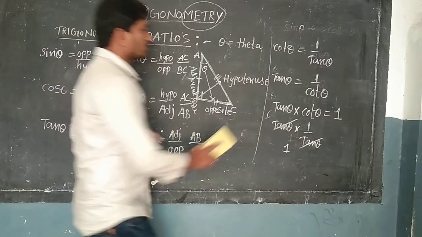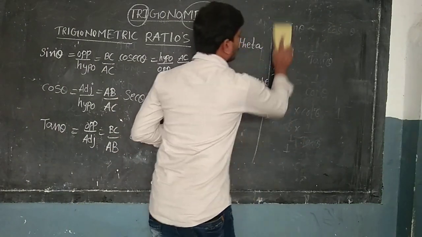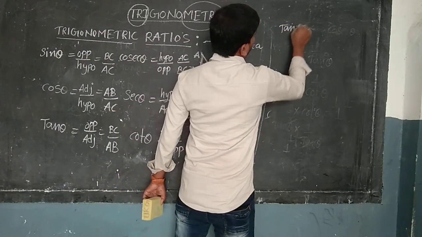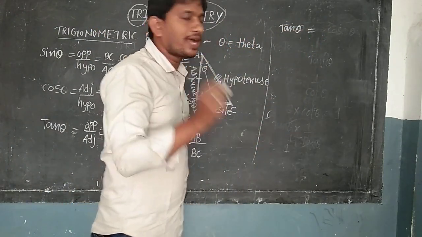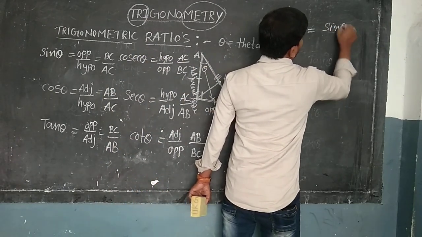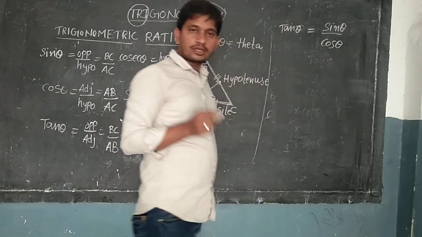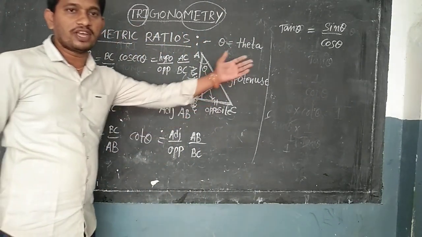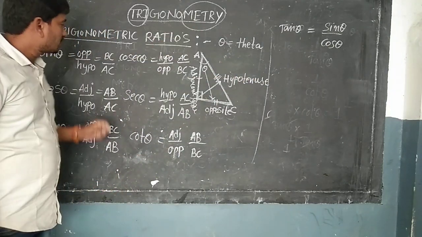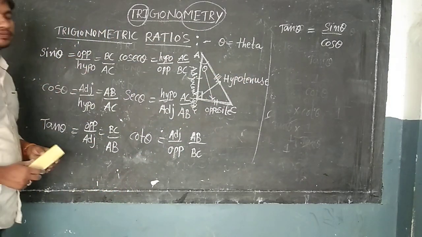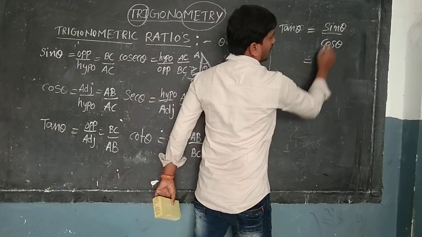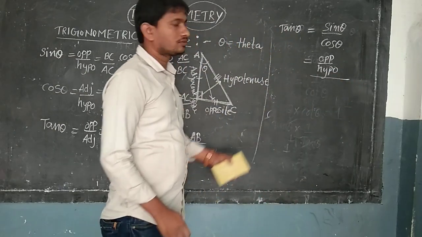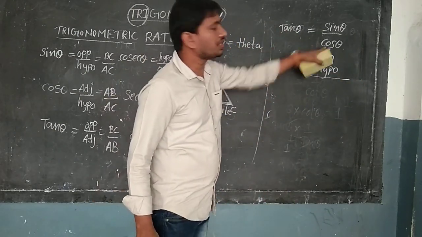Okay, and next we have one more important formula, that is tan theta. Tan theta we can also write as sin theta by cos theta. Let me verify this. We know that sin theta is nothing but opposite by hypotenuse, divided by cos theta. What do you mean by cos theta?